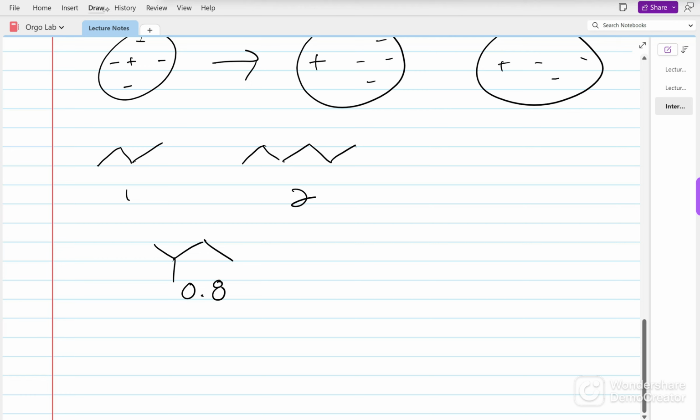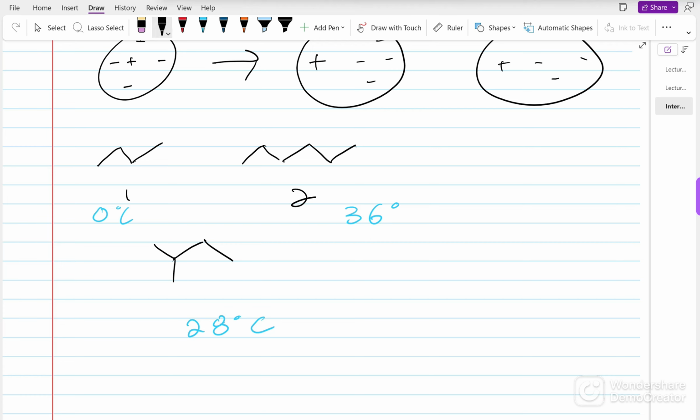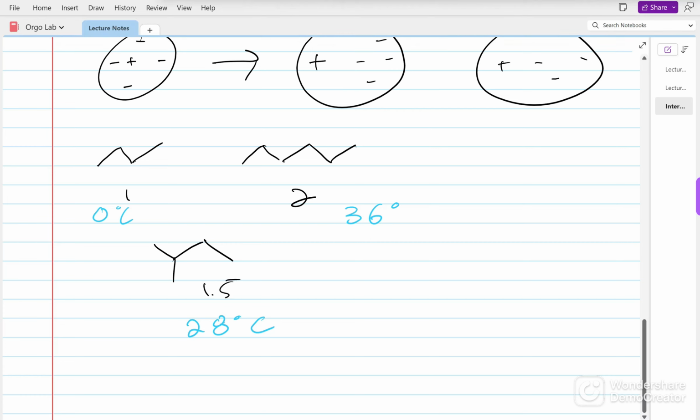So I'll do a different color for that. This has a boiling point of like 0 degrees Celsius, this one has a boiling point of 36 degrees Celsius, and this one's like 28 degrees Celsius. So this is a little bit stronger than 1, but not as significant as having another carbon. So like 1.5, whatever.